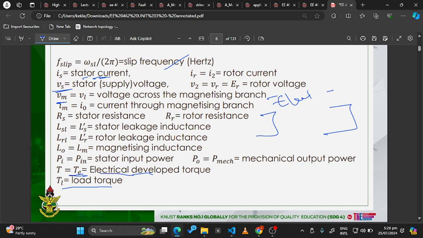This electromagnetic torque is a function of the slip S, what we looked at here. So if your slip is zero in an induction motor, the torque you are going to generate will be zero. Maybe I will explain that later.